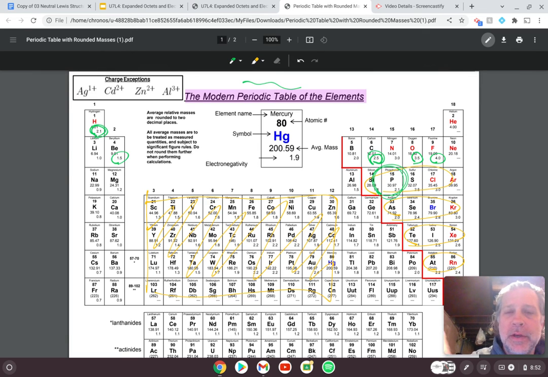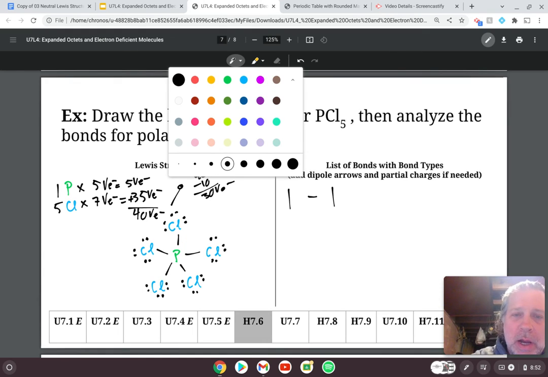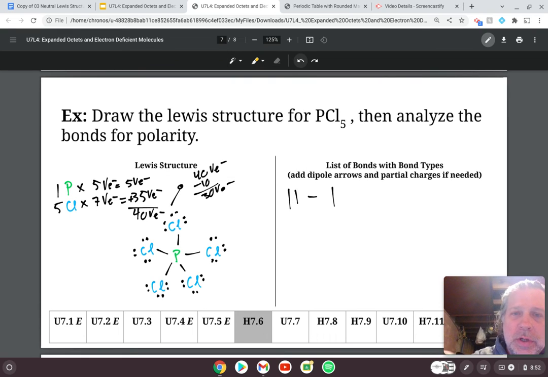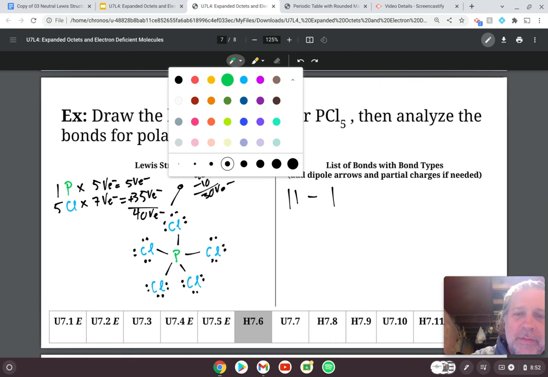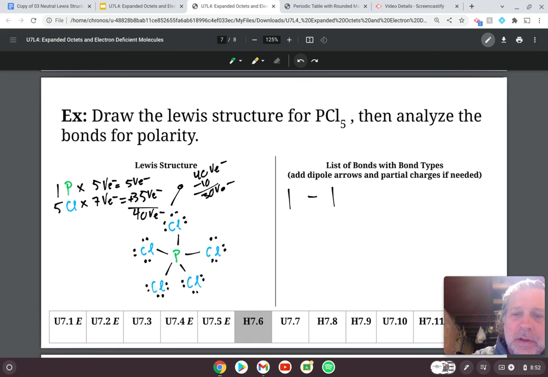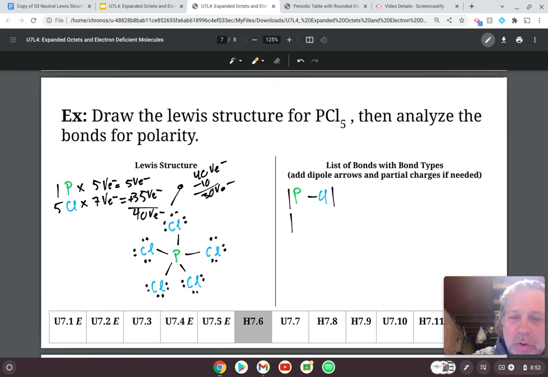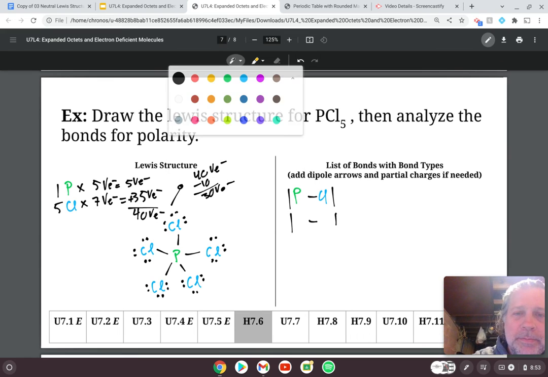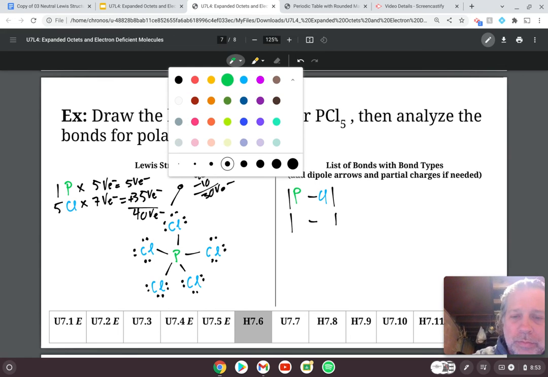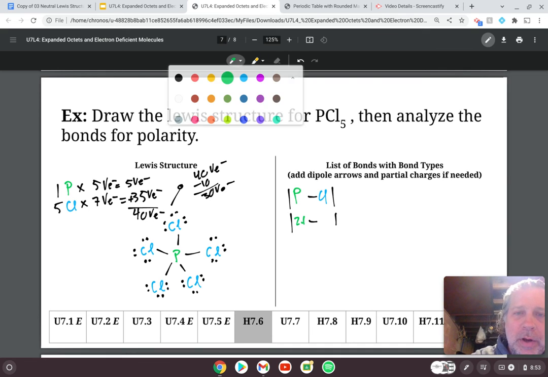Phosphorus has an electronegativity of 2.1. Chlorine has an electronegativity of 3.0. So I've got phosphorus, and I've got chlorine. And we said that phosphorus was 2.1, and chlorine is 3.0.